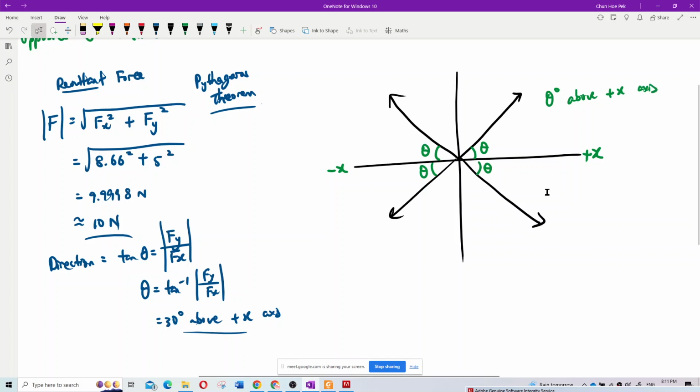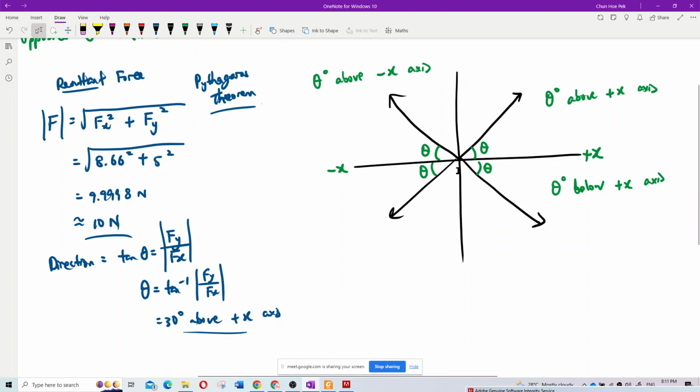If it is in the fourth, theta degrees below positive x-axis. If the vector is in the second quadrant, we say it is theta degrees above negative x-axis.